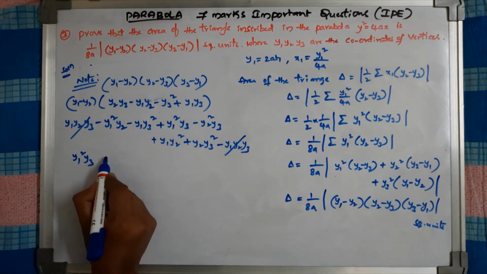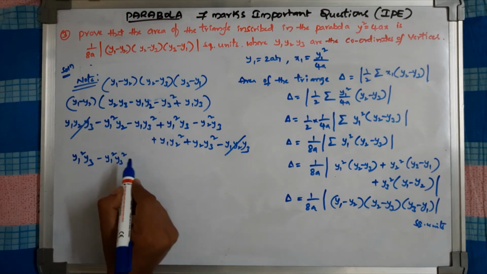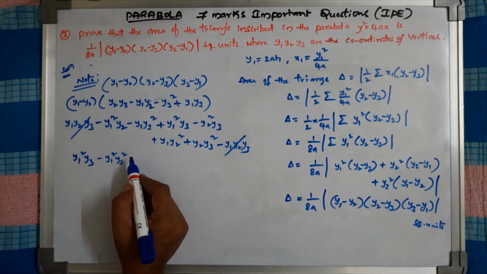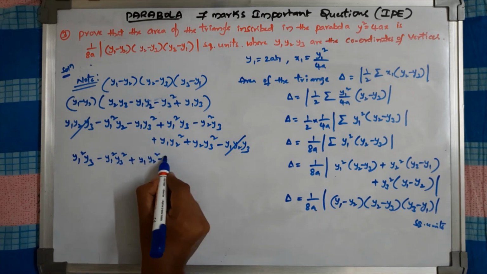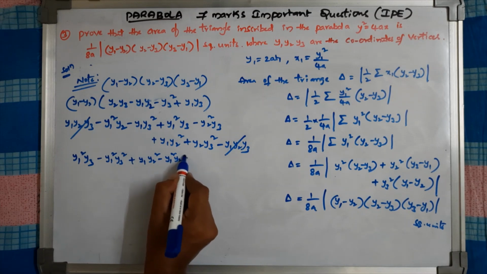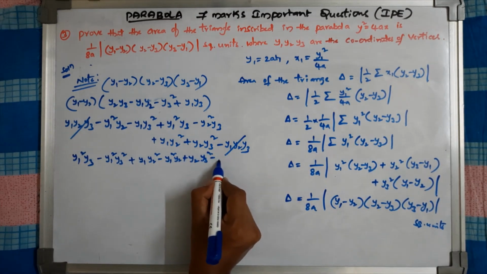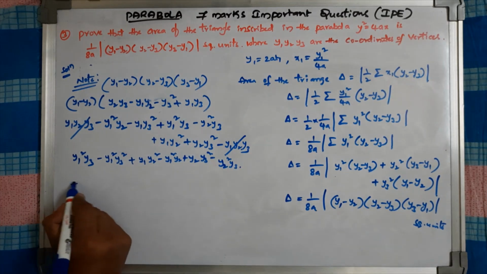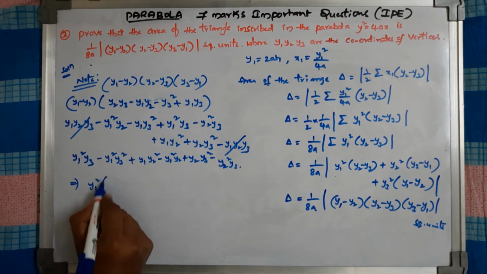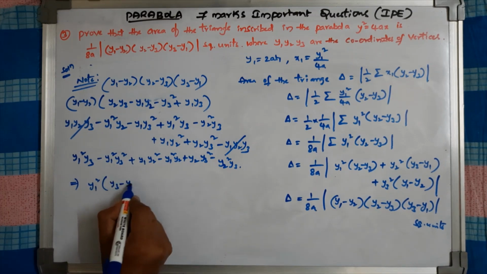Now minus y1²y3² plus y1y2² minus y1²y2 plus y2y3² minus y2²y3. If you take y1² common you get (y3 minus y2).